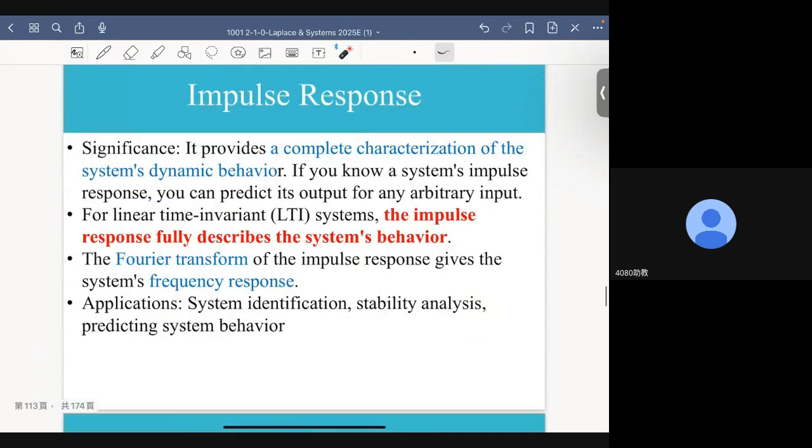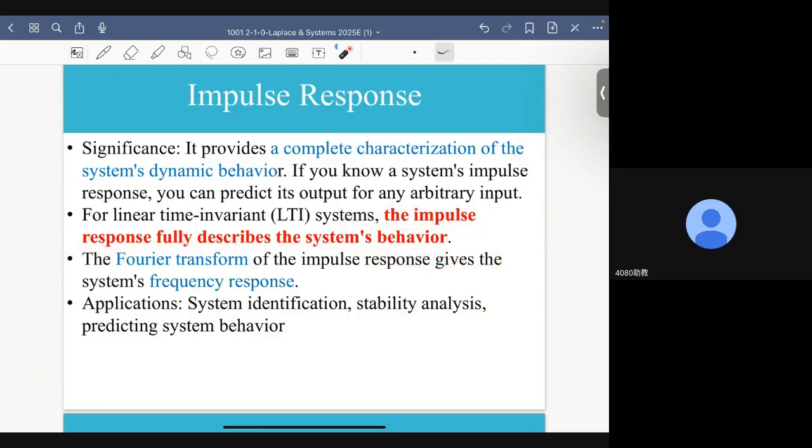So in the time domain, h(t), the impulse response, provides a complete characterization of the system's dynamic behaviors, which means the impulse response fully describes the system behaviors.